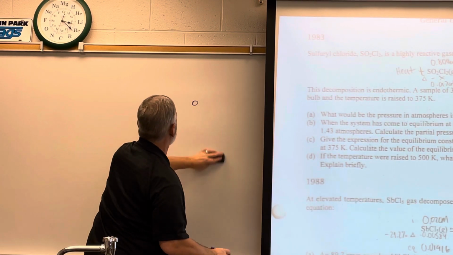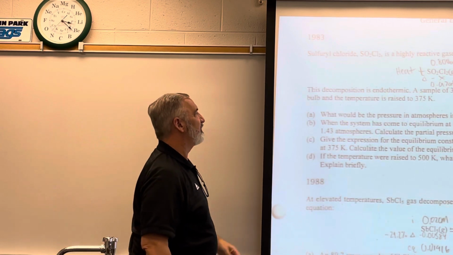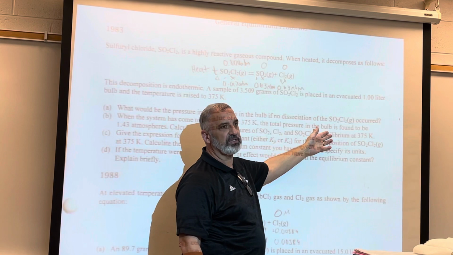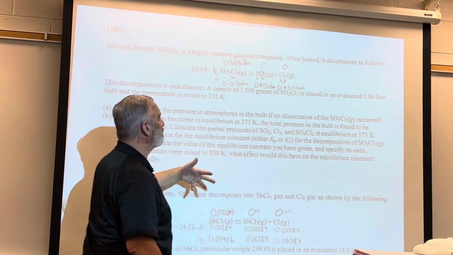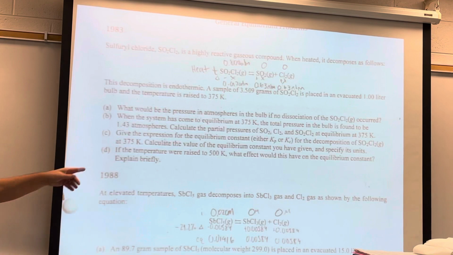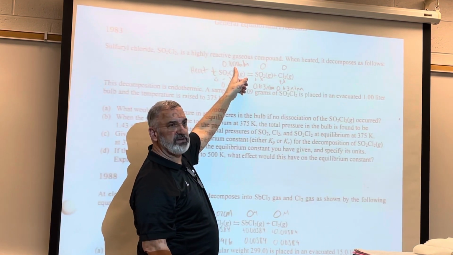Remember this type of problem. First off, what would be the pressure in the atmosphere if nothing happened? PV equals nRT. Okay, so we get an initial pressure. Oh, we already got it, 0.8 atmospheres. This right here came from PV equals nRT.